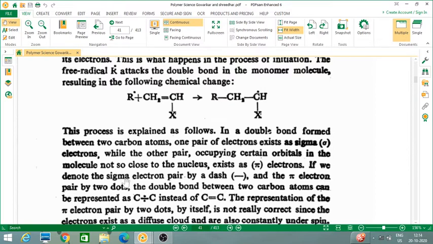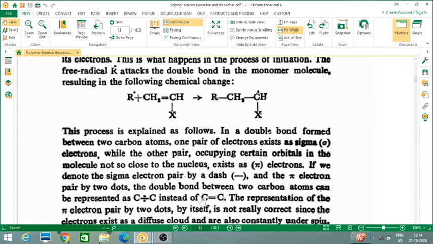If we denote the sigma electron pair by a dash and the pi electron pair by two dots, the double bond between two carbon atoms can be represented like this. Now I am representing the pi electron pair as two dots and the sigma one as a dash.